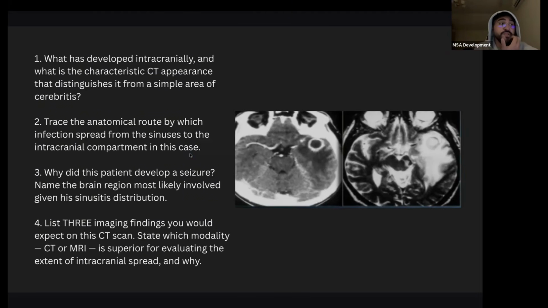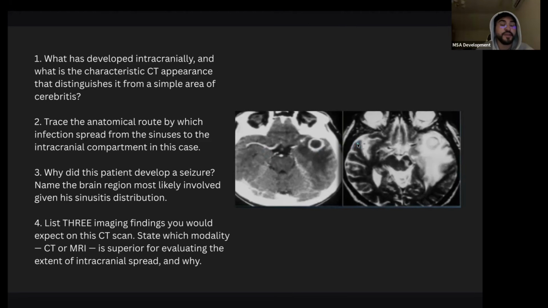Direct spread to the posterior sinus wall, and then to the cavernous plexus, intracranial compartment all the way to the cerebral parenchyma. Or it could come from erosion of the cribriform plate, all the way to the subfrontal area. In this case, you'll have spread again via the cavernous sinus to the middle cranial fossa, as you can see right here.